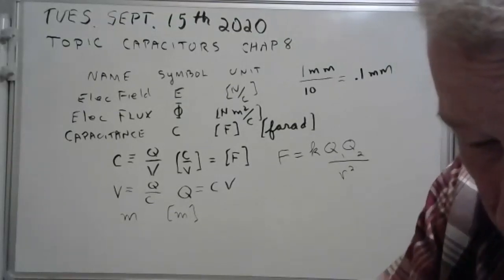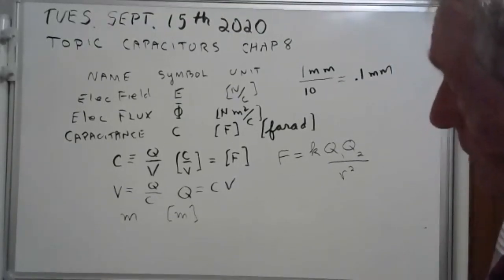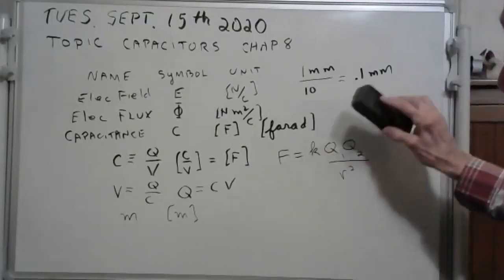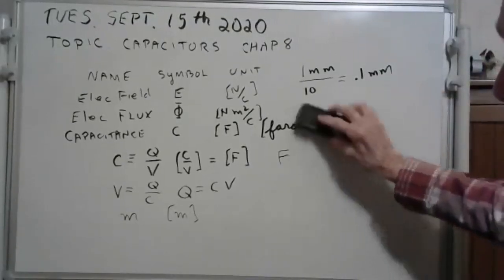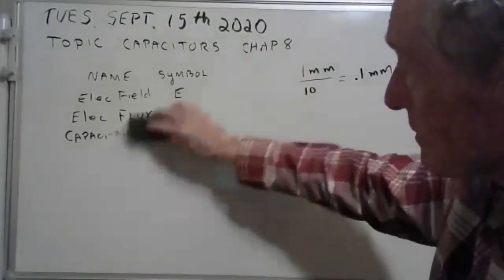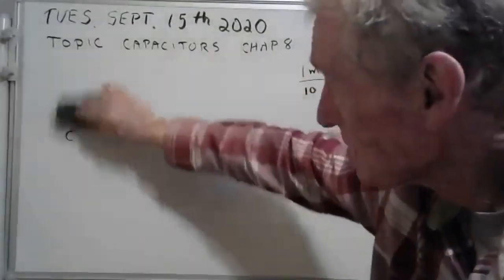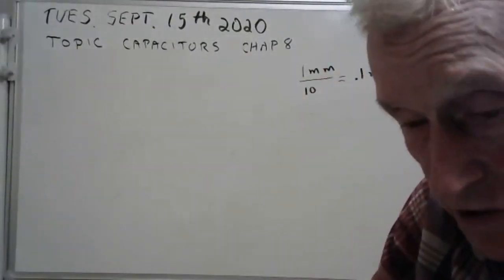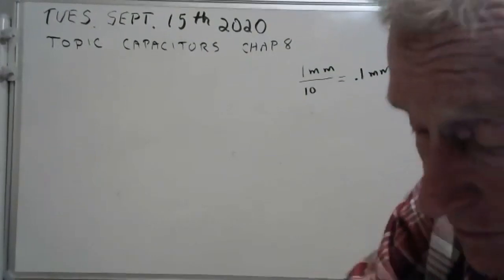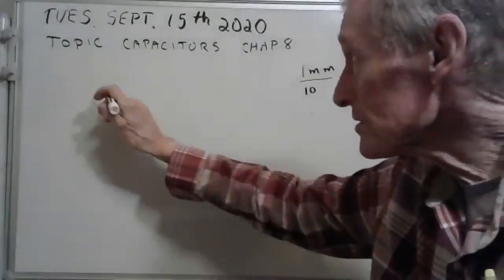Now I want to show you this equation. We figured out those sheets are 1/10 of a millimeter. There's an equation I want to show you for capacitors, and it goes like this.